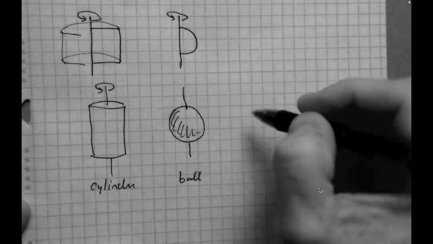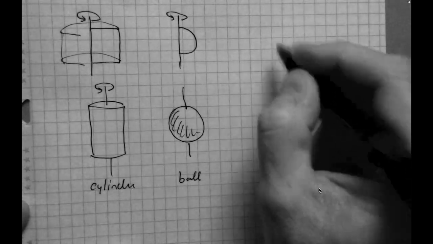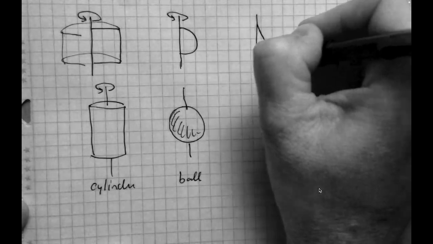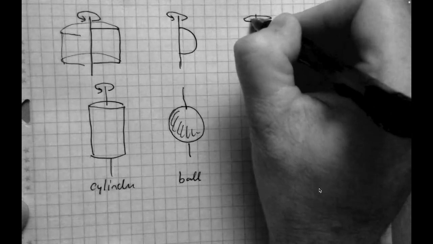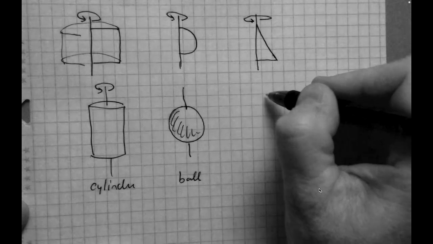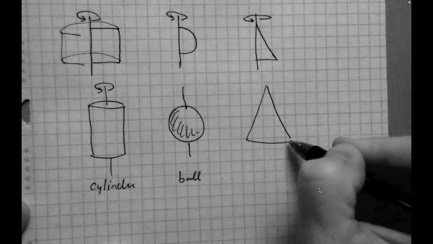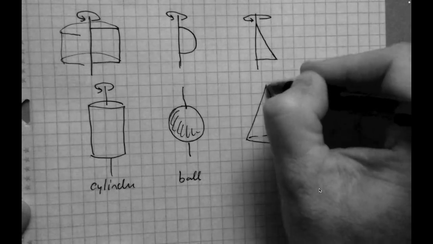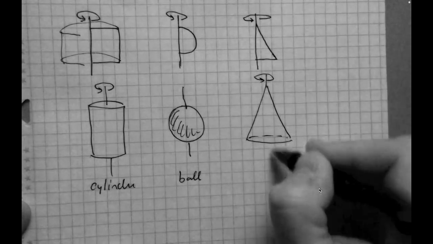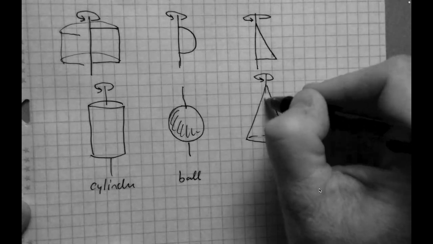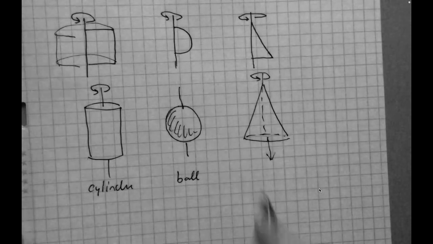And if I start with a triangle and revolve it like this, what am I going to get? I'll end up with a cone, won't I? Okay, so that's a cone.